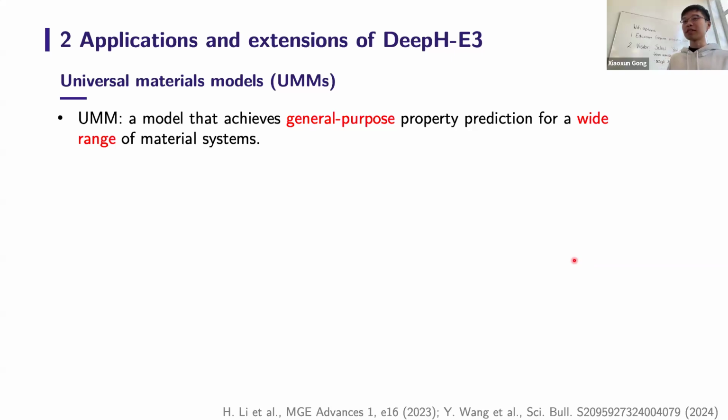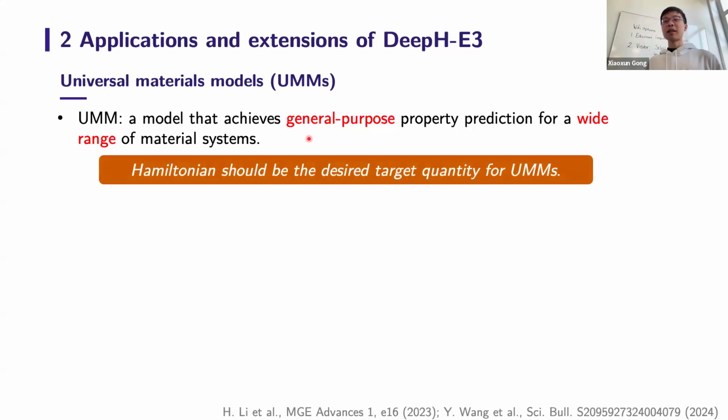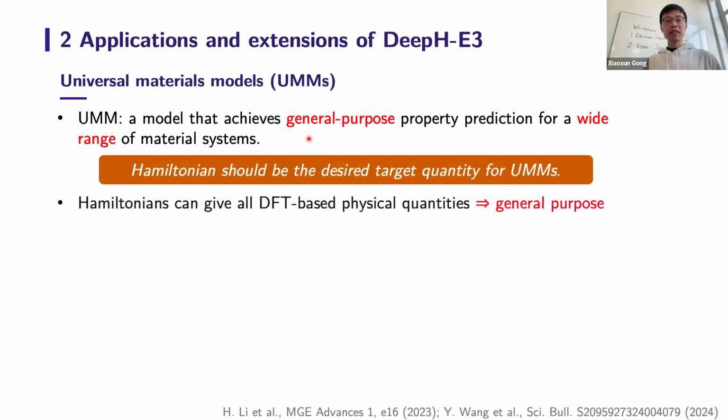Now we are more ambitious, and we want to build a universal model that achieves general purpose property prediction for a wide range of material systems. Our statement here is that the Hamiltonian should be the desired target quantity for universal materials models, because first, the Hamiltonian can give us all DFT-based physical quantities, and once we have a Hamiltonian, we can achieve general purpose material property prediction.